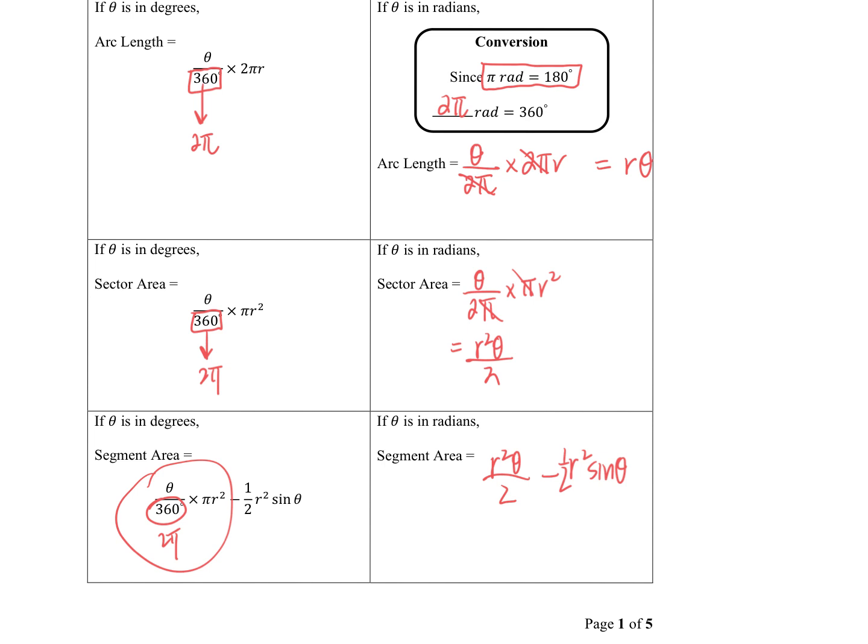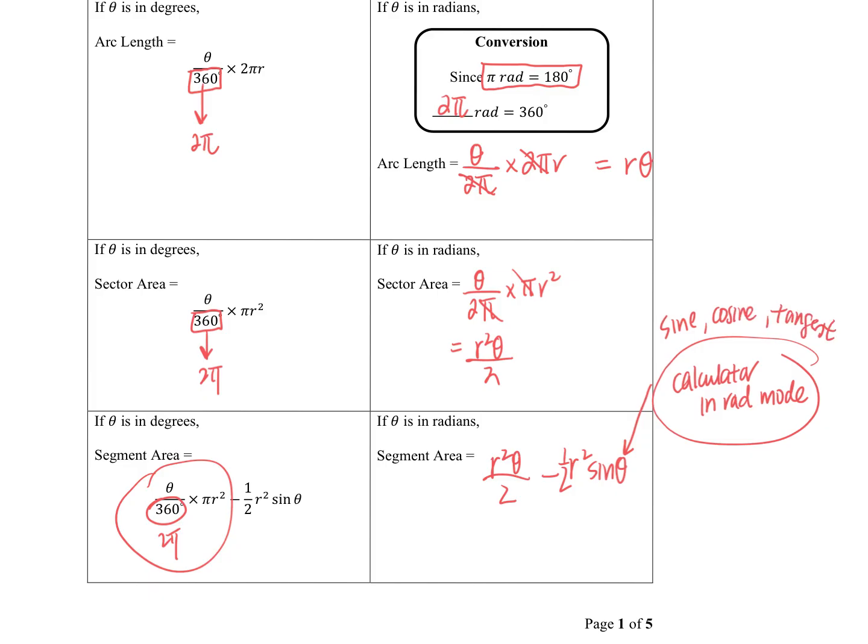So when your angle is in radian and you see sine in your formula, that's where your calculator needs to be changed to radian mode. Because if not, your answer will be affected. So when you see sine, cosine, or tangent, then you need to change calculator to radian mode.